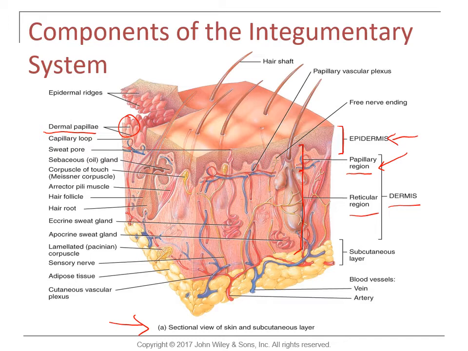Okay, so here, as you can see, we have the capillary loops, which are the thin form of blood vessels. And then some also contain tactile receptors. We call those corpuscles of touch, or Meissner's corpuscles, which we have here, and another one here, as we can see in the figure.